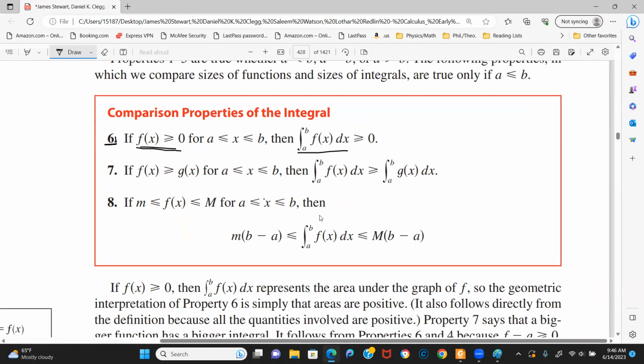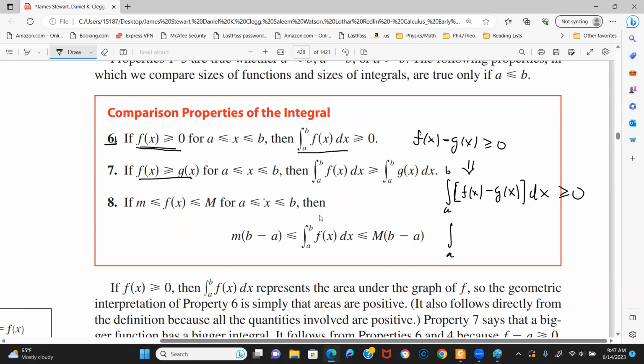And then 7 actually follows immediately from 6. That's because this inequality implies that f of x minus g of x is non-negative. So when you integrate it, this will imply that the integral of f of x minus g of x dx is going to be non-negative over this interval a to b.